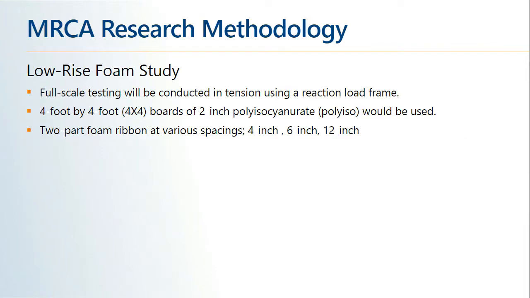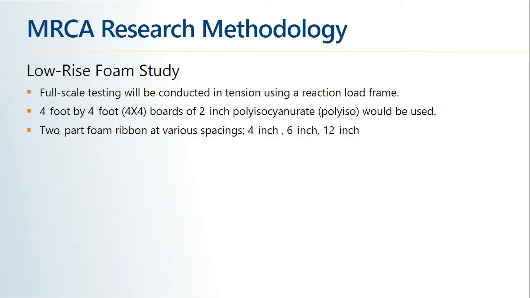Also in the RFP, MRCA had some initial thoughts on what they thought would be the basis for the testing. They wanted to have, in the low-rise foams testing, full-scale testing of full-size samples. Full-size boards being 4 foot by 4 foot boards that were 2 inch thick.